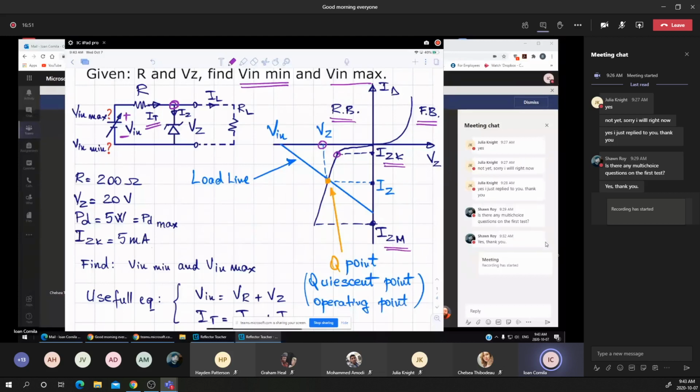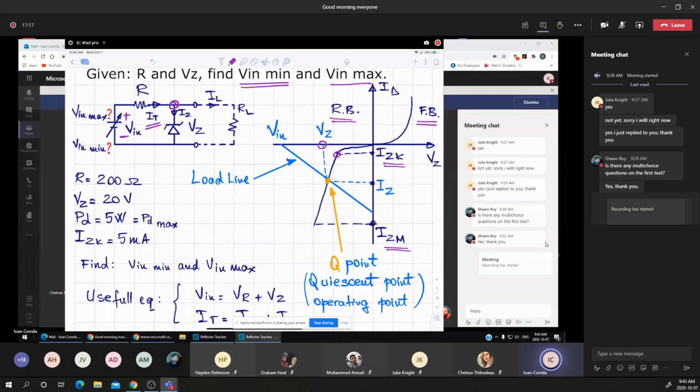You notice that the current is divided into two branch currents, IZ and IL. I labeled, in the same way, IL, RL, and VL, and IZ, VZ as the parameters for the Zener branch.